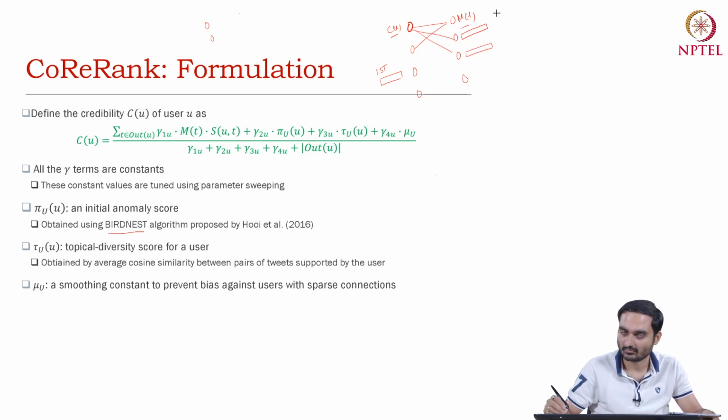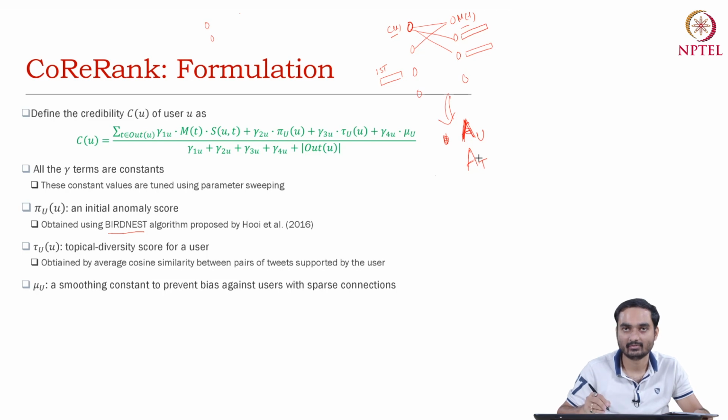So what will we obtain? We will obtain a seed anomaly score, something called AU and AT.